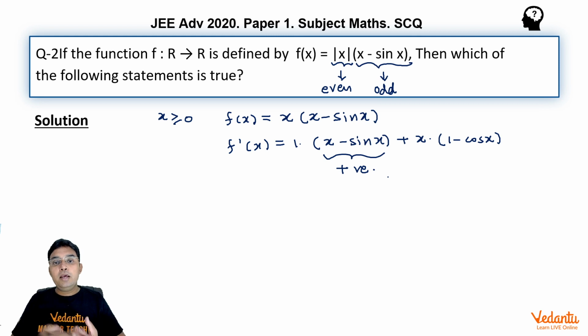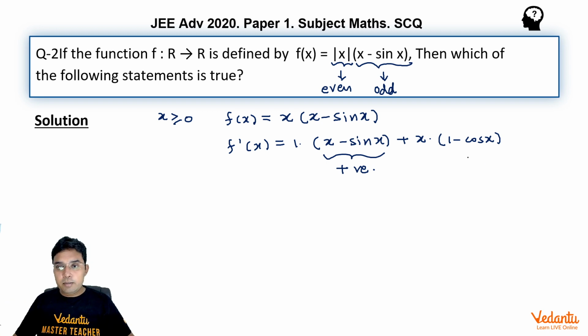In fact, you can check by differentiation also that it is always positive for x positive. Similarly, this 1 - cos x is always positive and x is also positive. So the net result is that for x greater than or equal to 0, this f'(x) is going to be greater than or equal to 0.